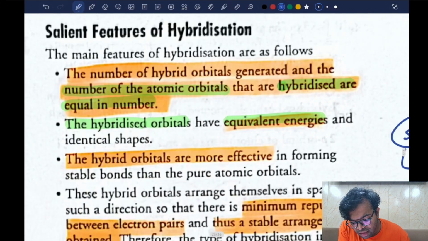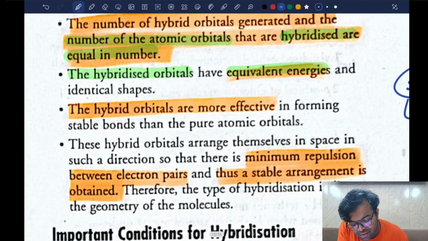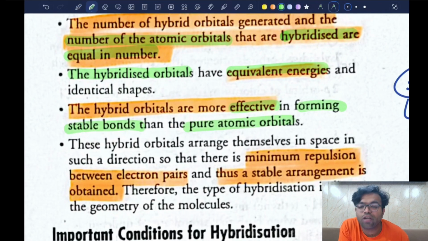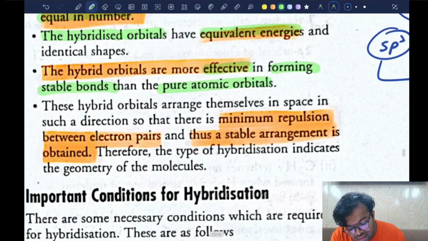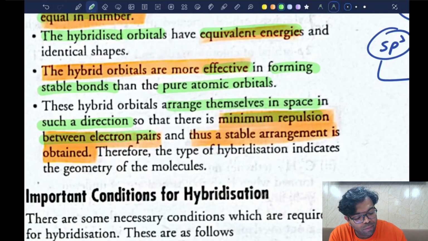Now next, the hybrid orbitals are more effective in forming stable bonds than the pure atomic orbitals. This is what I'm trying to tell you. Hybrid orbitals, because of the equivalent energy levels that they have, are more stable in forming bonds. Clear? These hybrid orbitals arrange themselves in space in such a direction so as to minimize repulsion between the electron pairs.